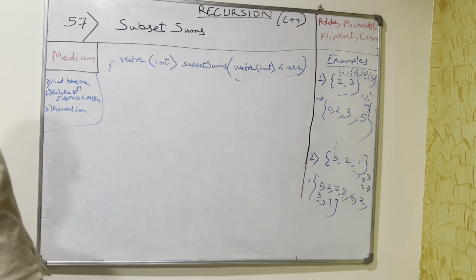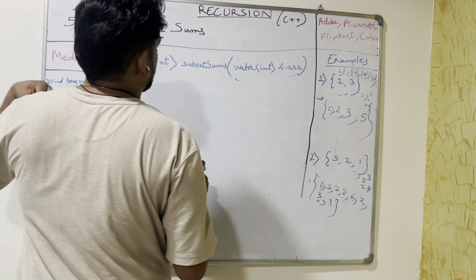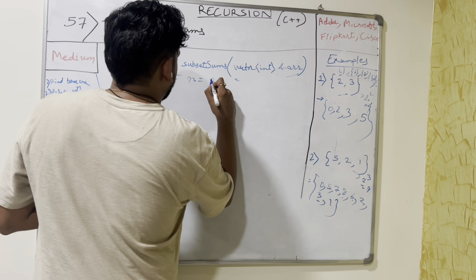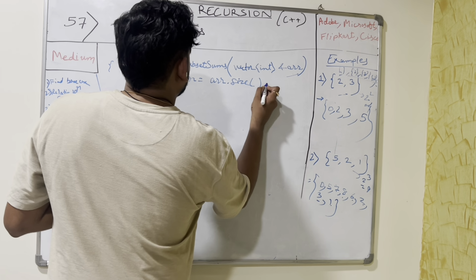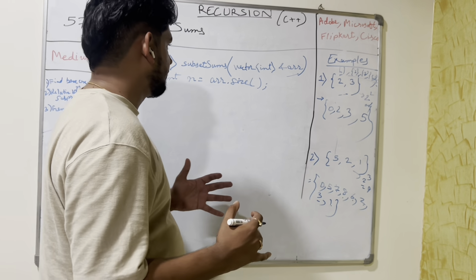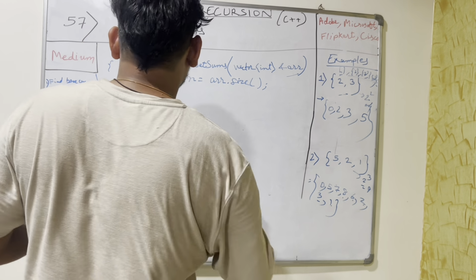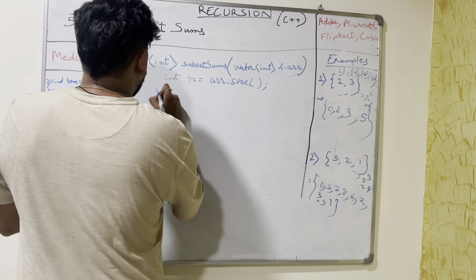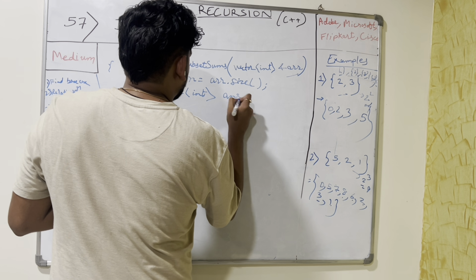So now we have this subset sum function, and what do we do? We find out the size of the array, firstly array dot size. Now we need to call a function that calls itself, since we can't have the size calculated every time. So we'll write a function. What do we need? We need an answer, so we will pass answer.